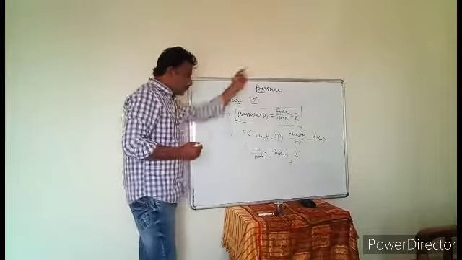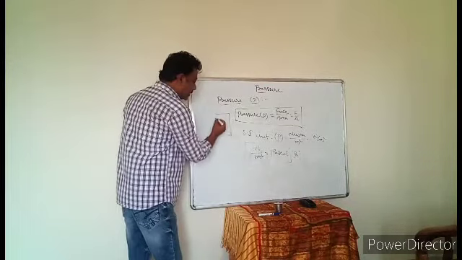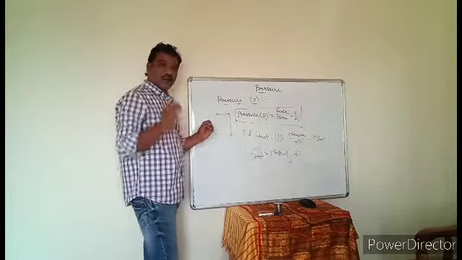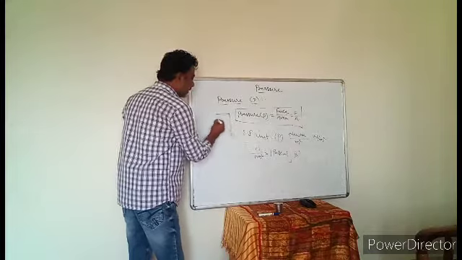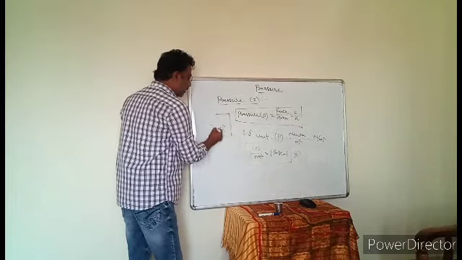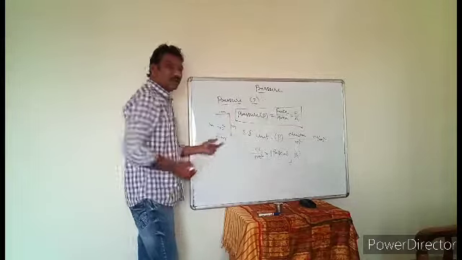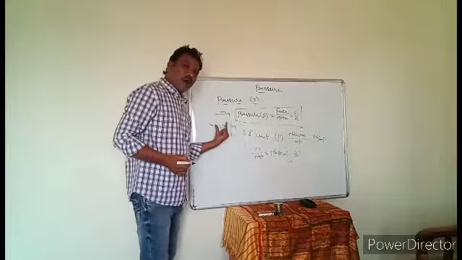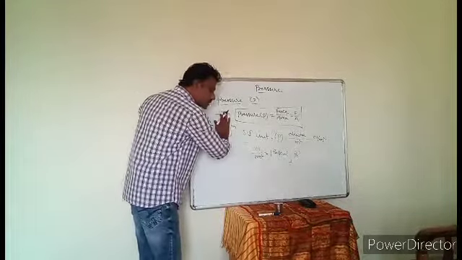See here. For example, in this area I am selecting 1 unit area. Unit area means 1 square meter, that is 1 meter by 1 meter; its length and breadth are 1 meter each.